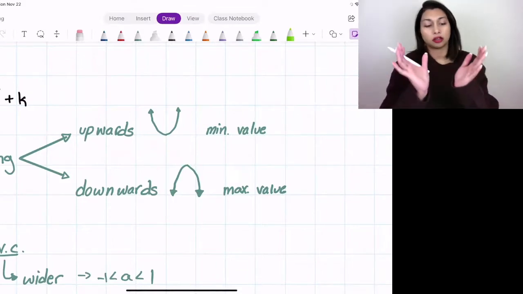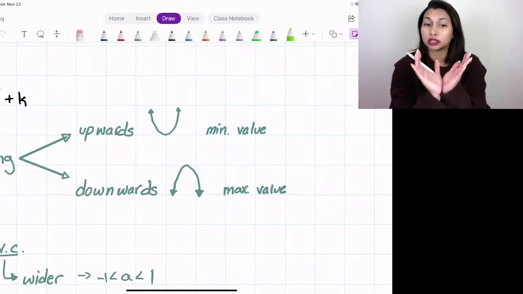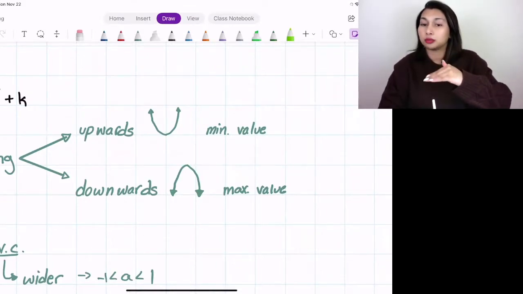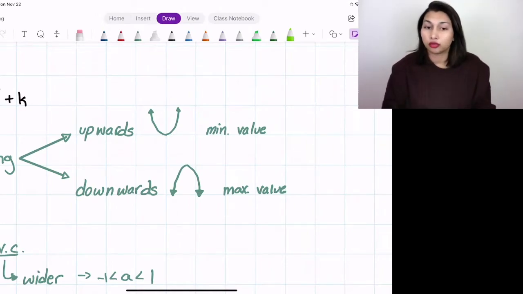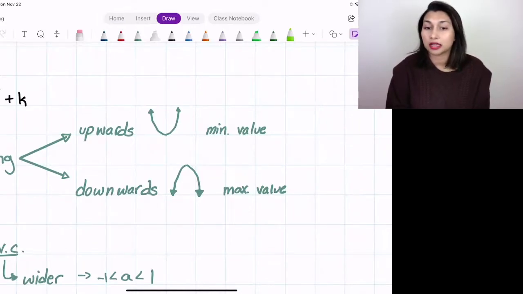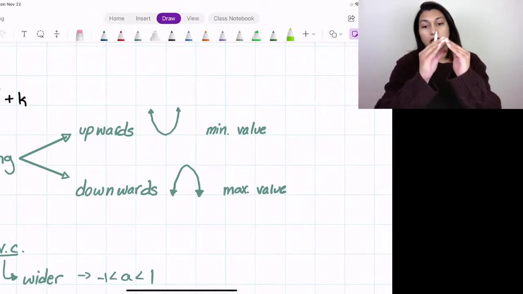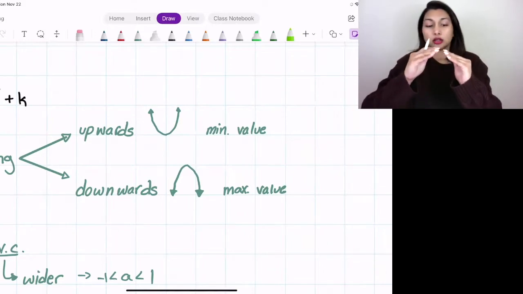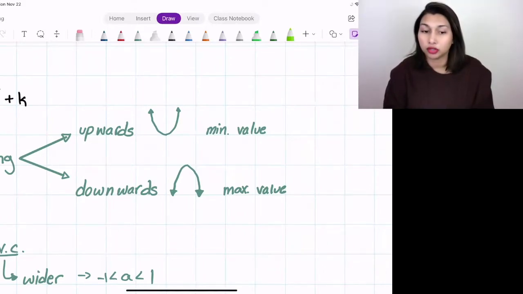If our parabola opens upwards like this, it won't ever be below the vertex, therefore giving it a minimum value. What you need to take note of is that it does not give us what value it is. It just tells us if it's maximum or minimum. Likewise, when it opens downwards, there's a maximum value and it won't exceed above the vertex.